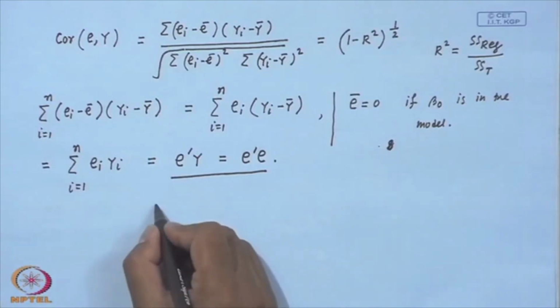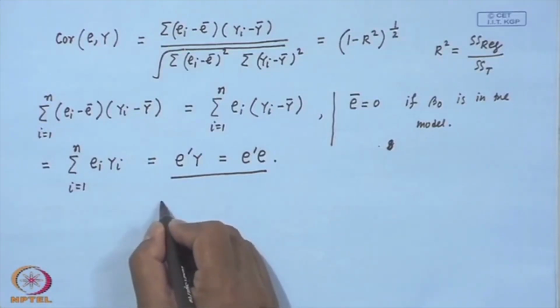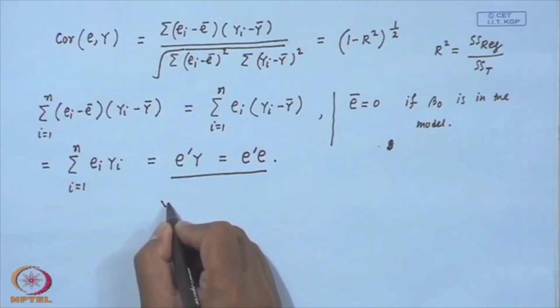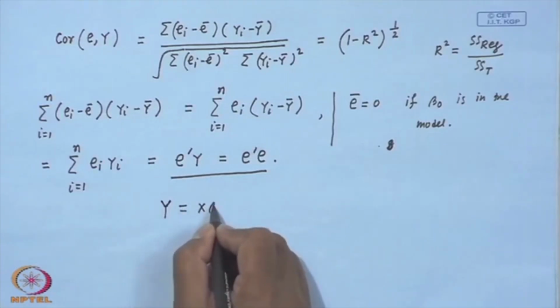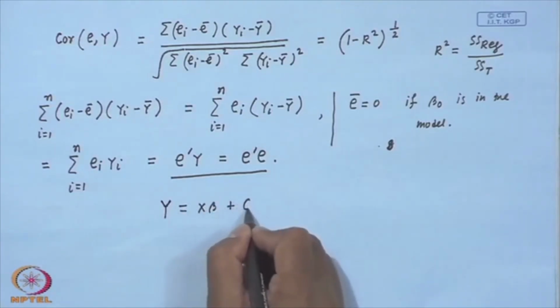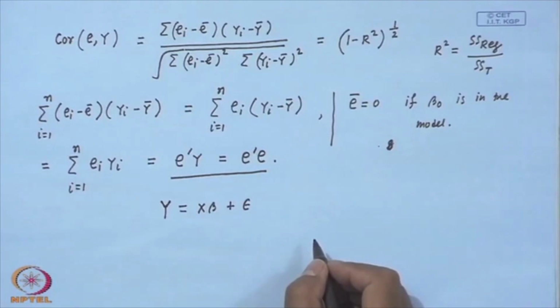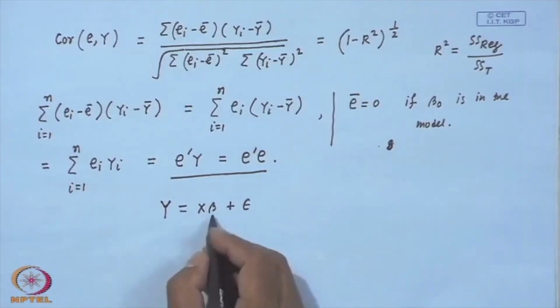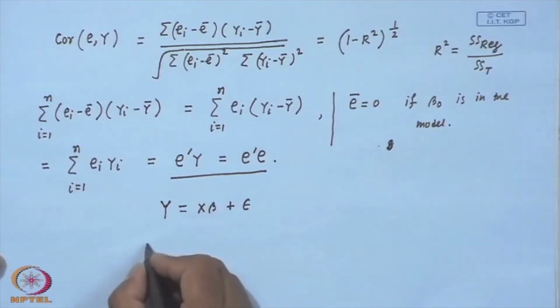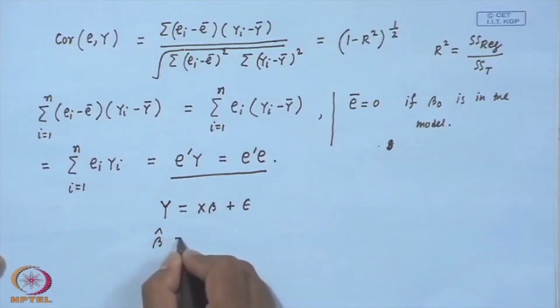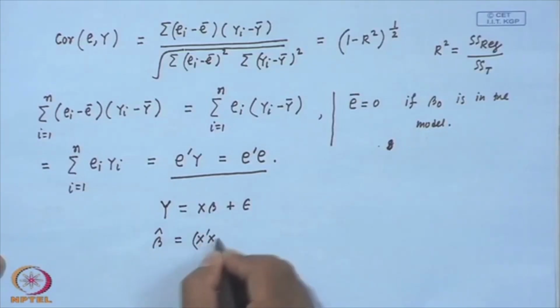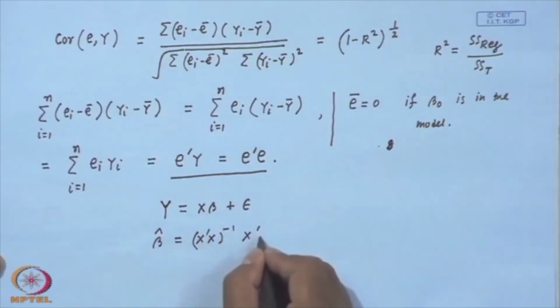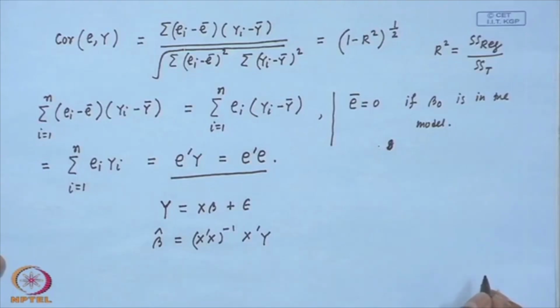So, before that let me recall the multiple linear regression model y equal to x beta plus epsilon, and here we know that the parameter beta is estimated by beta hat, which is equal to x prime x inverse x prime y, right.